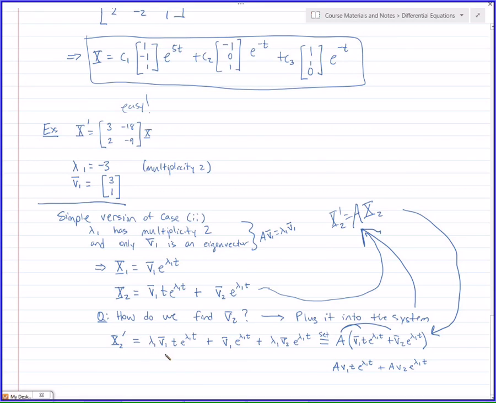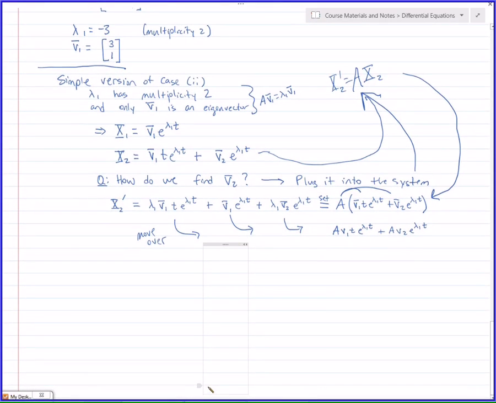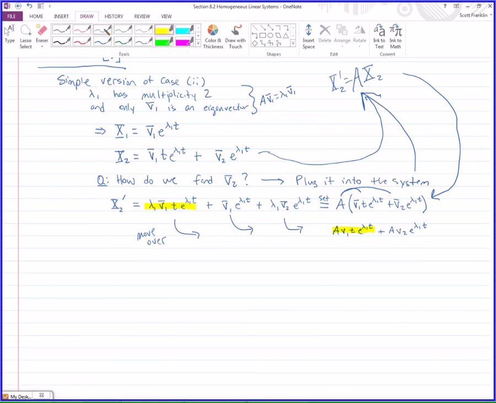And then I'm going to subtract all of these to the other side. So I'm going to take this guy here, which is a v1 t e to the lambda 1t, and I'm going to move it over to the right-hand side, and notice how those are in common, right?